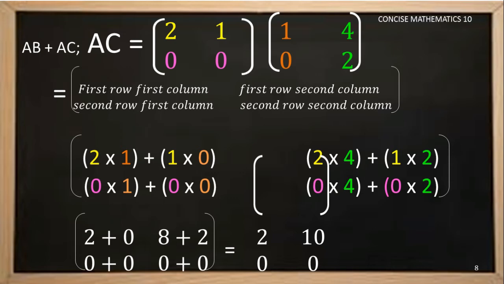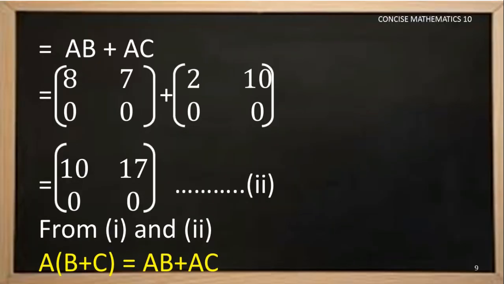After calculating the product of AB and AC, add the corresponding elements of AB and AC. It results as 10, 17, 0, 0. Mark it as result number 2. This is the result for the values given on the right hand side. Now, if we compare the values on left hand side and right hand side, all the corresponding elements are equal.